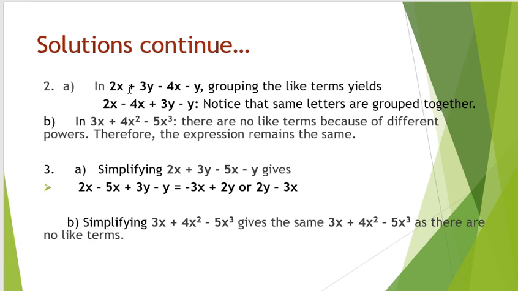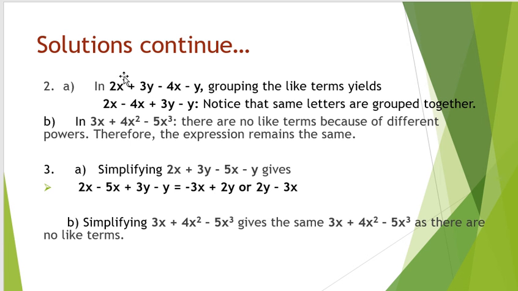Let us look at question number 2. The question says we group the like terms and unlike terms. So we have 2x plus 3y minus 4x minus y. Grouping the like terms means that we need to have the terms that have matching letters put together. In this case we have x here and there is x there, so this term with an x and that term with an x are like terms, therefore we group them.